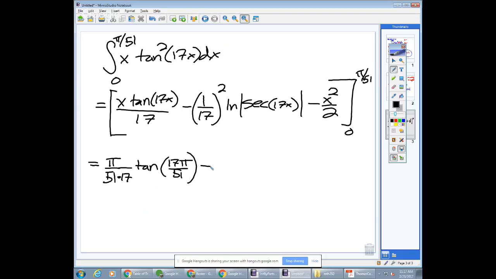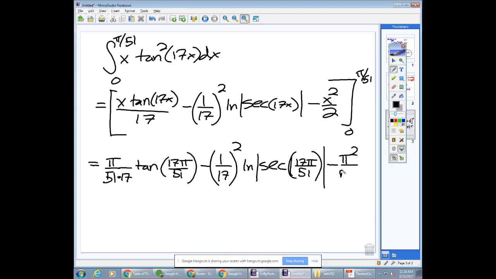Minus, no extra constants there besides this one, 1/17 squared times the natural log, the absolute value of the secant of 17 pi over 51. And then we're going to get a pi squared over 51 squared times 2.